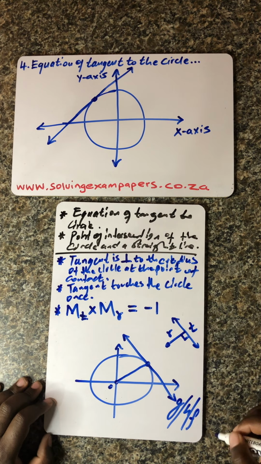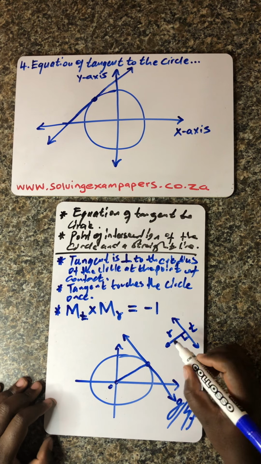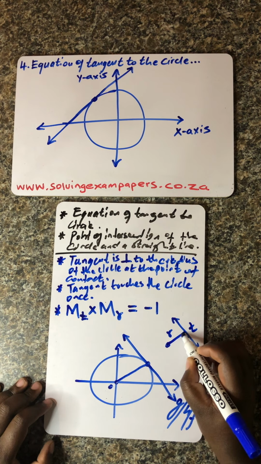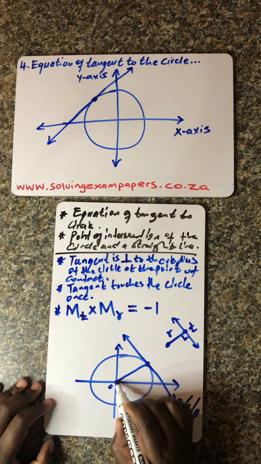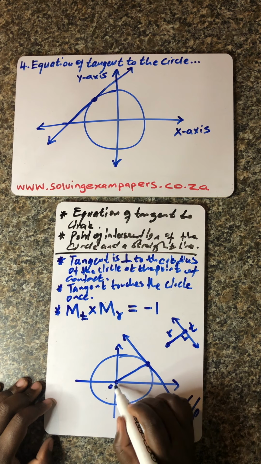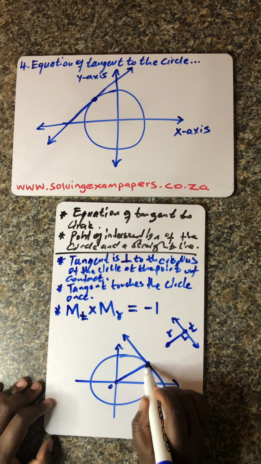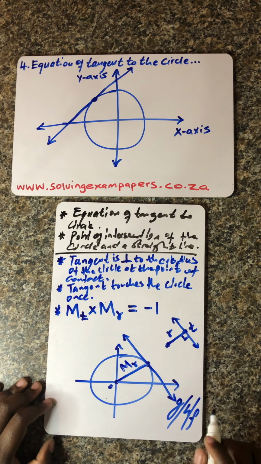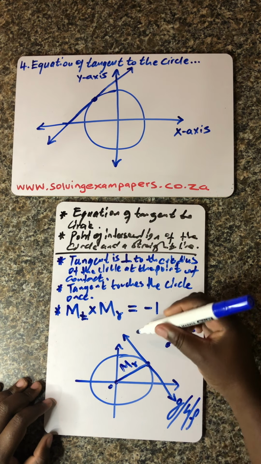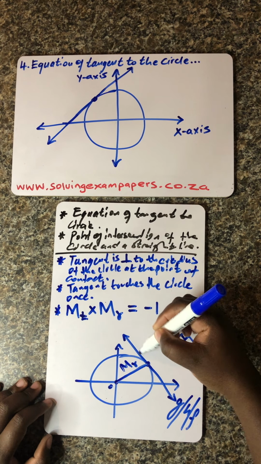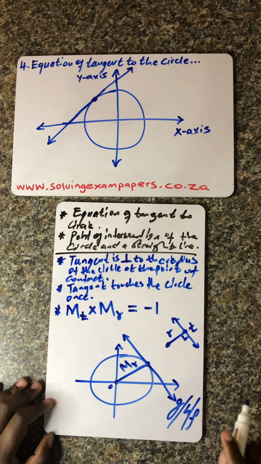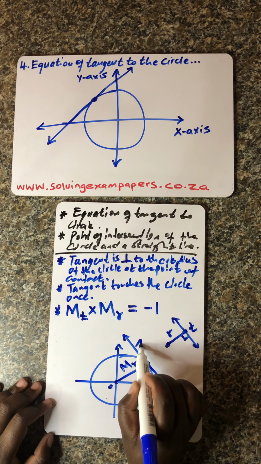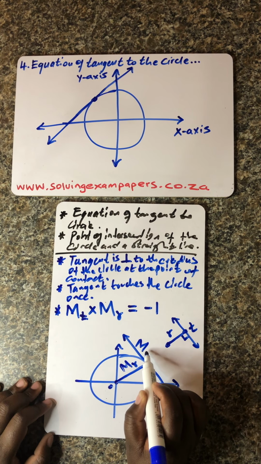Because the radius is a straight line from the center to the point of contact, it has a gradient. Let's say this is m of r. A tangent is also a straight line, which means it also has a gradient, so let's say a gradient of t.